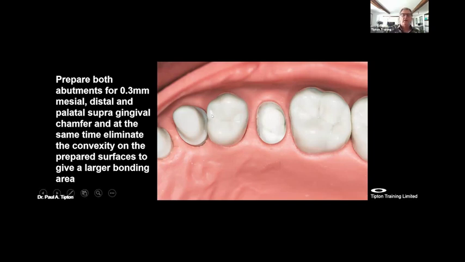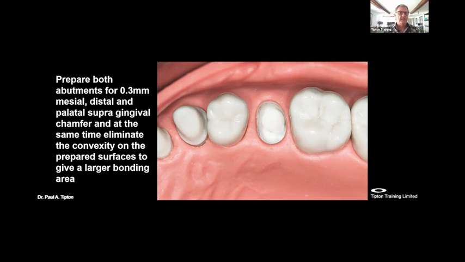Okay, let's work out our grooves. First of all, in this instance, we're going to go through the contact. We've already got space here, but if we didn't, we'd still go through the contact. And looking from the front, I want maximum metal wraparound as possible, but it can't be visible. So look from the front of the mouth, big E, okay?